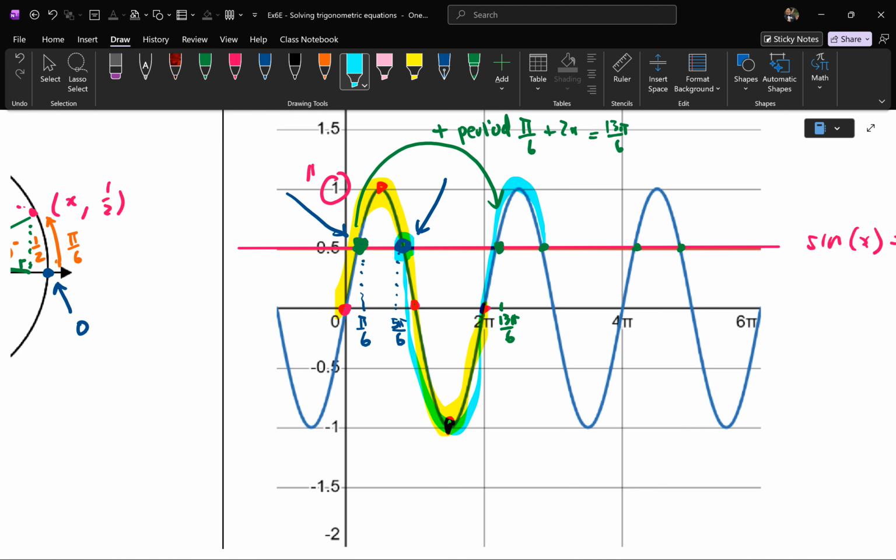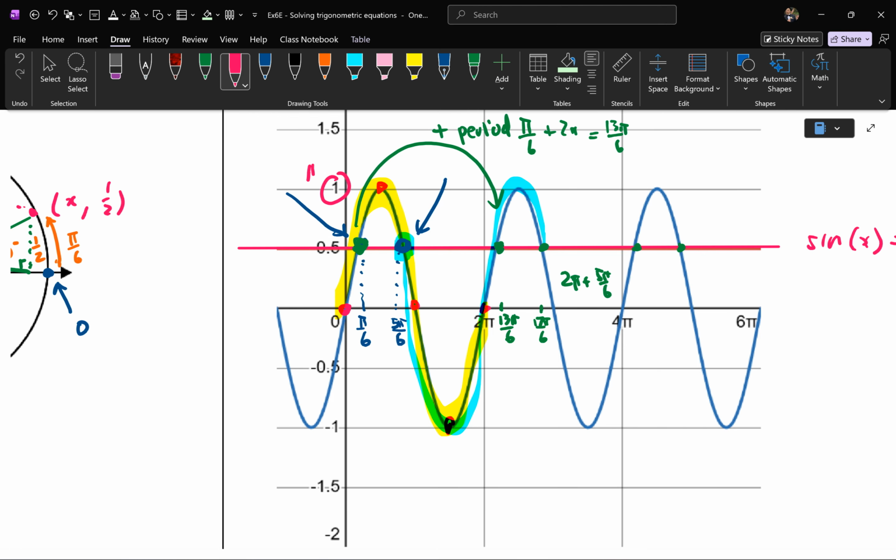That's one period. So again, what you do to get there, same thing. You add 2 pi plus the 5 pi on 6, where 6 times 2 is 12, 12 plus 5 is 17. So I know the next one is 17 pi on 6.